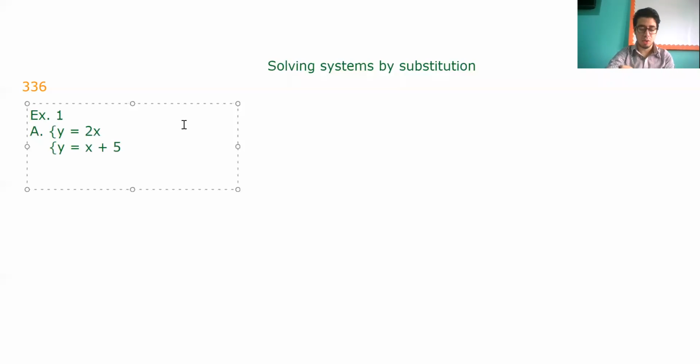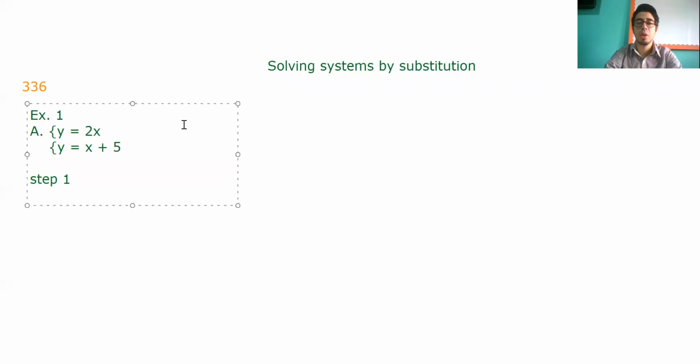How are we going to solve this? In step 1, we need to find the value for the variable y, okay? We need to isolate the variable y. In this case, we already have it. y equals 2x and y equals x plus 5.